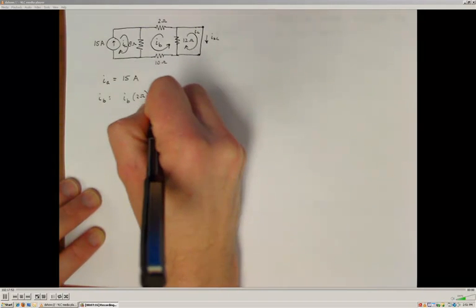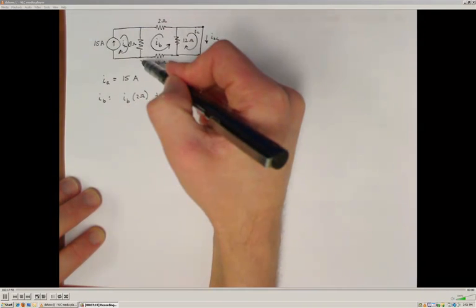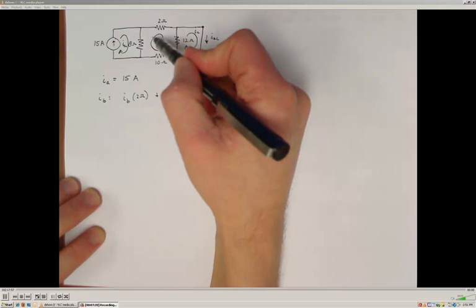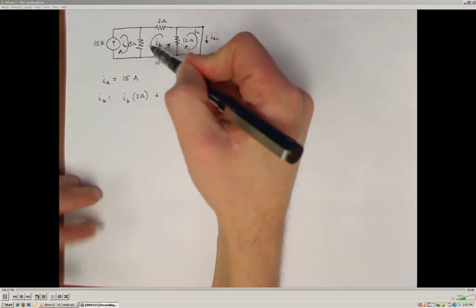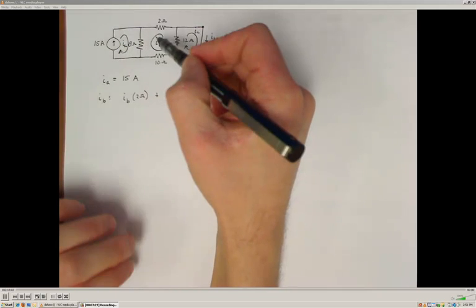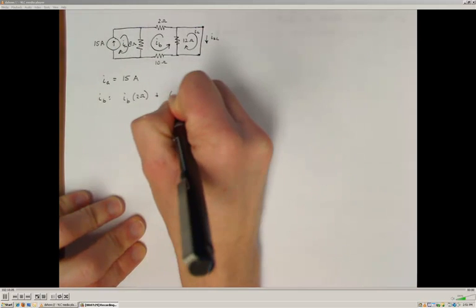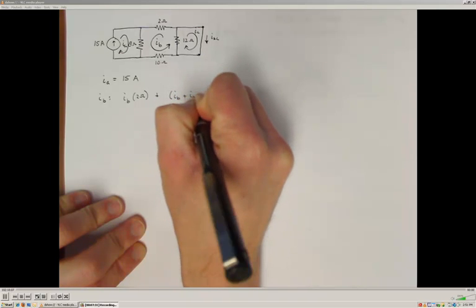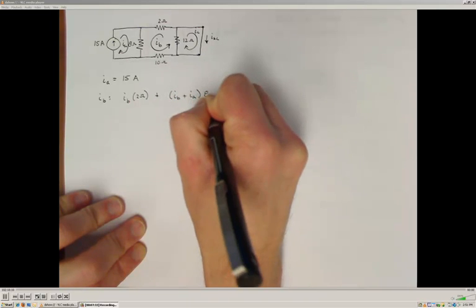plus, alright, now I'm going to move on to my 8 ohm resistor, and since I've assumed that my current direction for IB is going in the same direction as IA, I know that those two are going to be additive, so IB plus IA is going to give me the potential developed across the 8 ohm resistor.